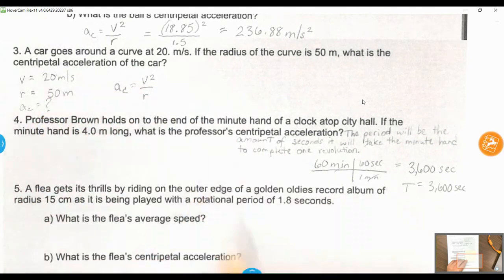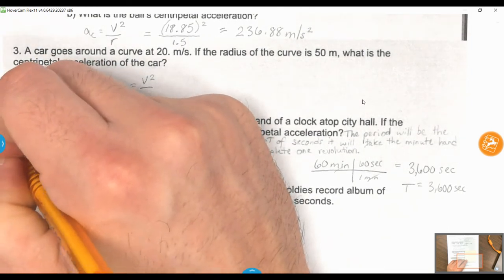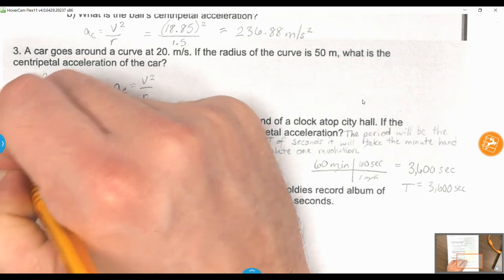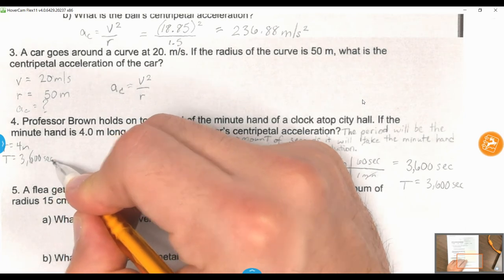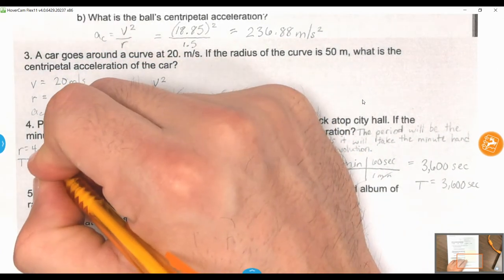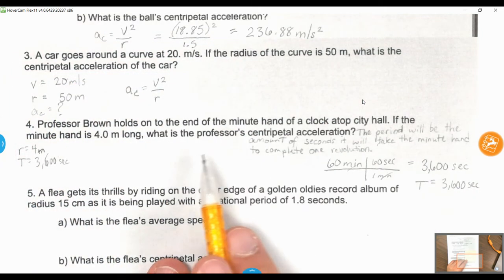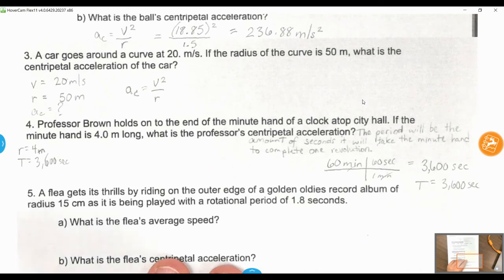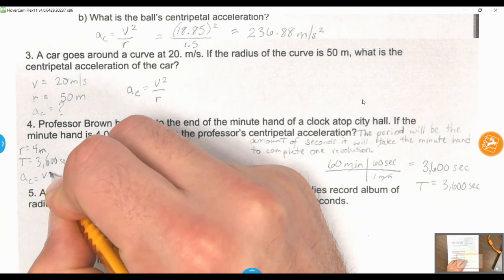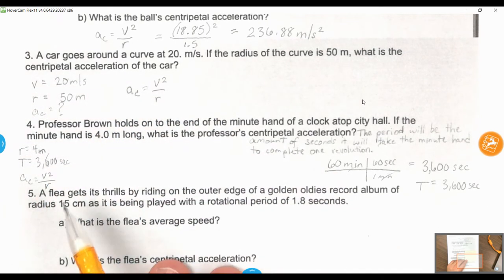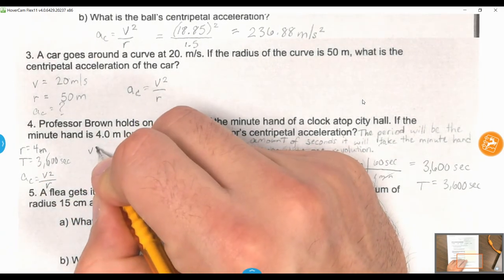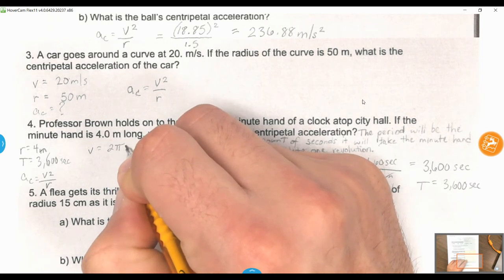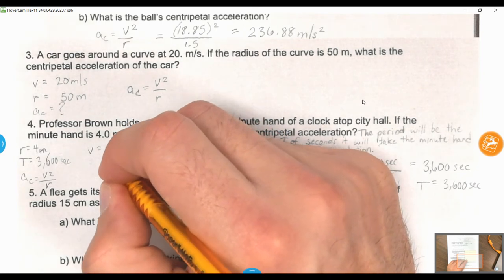And we are given a radius of 4 meters. So we have 4 meters, we have a period of 3,600 seconds. They want to know the centripetal acceleration. So that equation is v squared over r. We have r, but we don't have v. So we can find v by doing 2 pi r over the period.